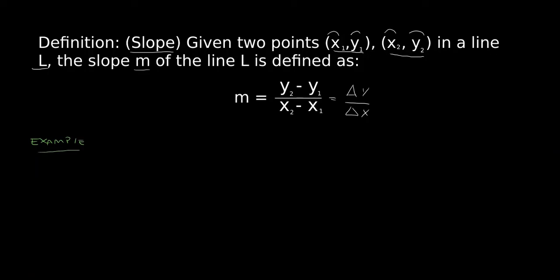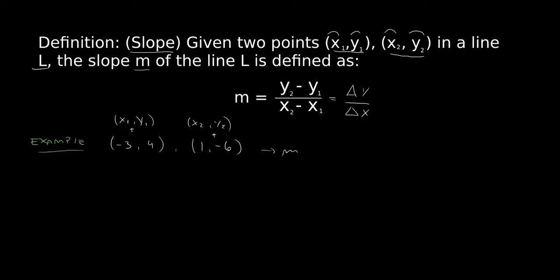Let's say we're given 2 points, minus 3, 4 and 1, minus 6, and we have to find m, the slope. So what I'm going to do is define this point as x1, y1, and this other one as x2, y2.